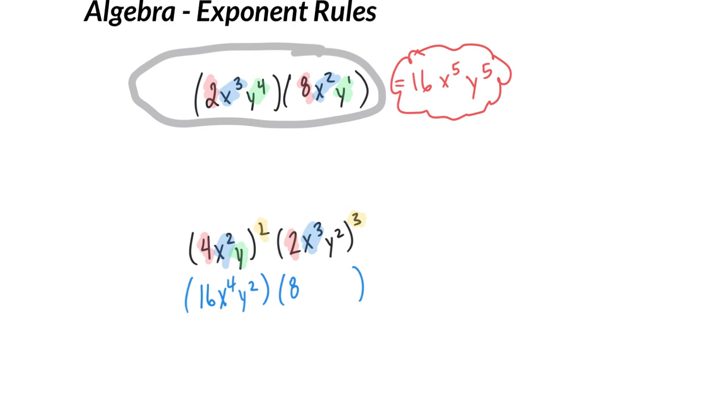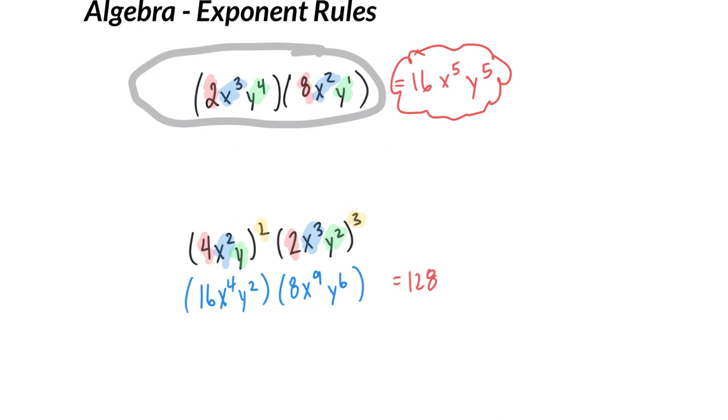So 3 times 3, that's x to the 9th. And then we've got y squared cubed, so y to the 6th. And you see now we've got a problem that looks like the one above it. And we can say, well, 16 times 8 is 128, just multiplying those numbers, okay?